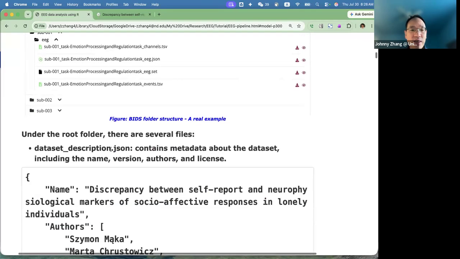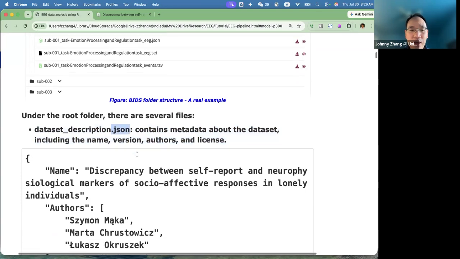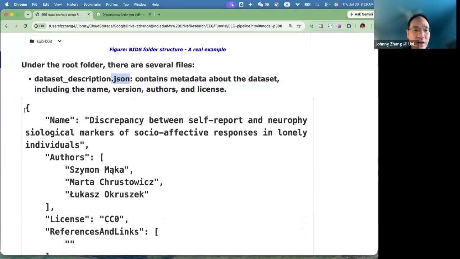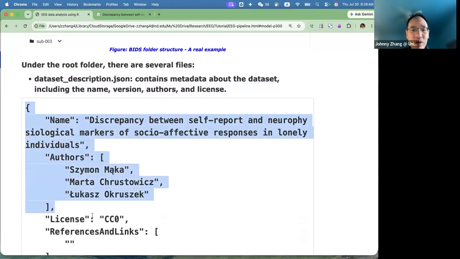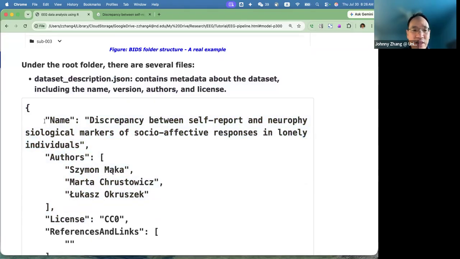Then let's take a look at each file. In the root folder, there's one file called dataset_description.json. As I mentioned earlier, we could have JSON format data. In the JSON file, you can see information like that. It has keys; the key means the name of the entry. So this is basically the project name, and these are the values.